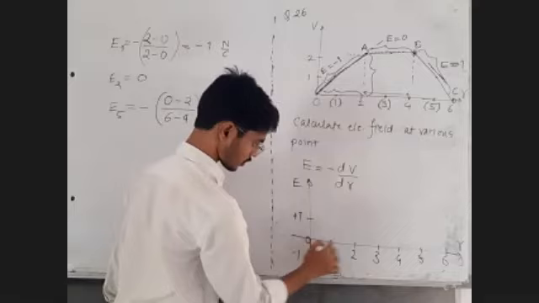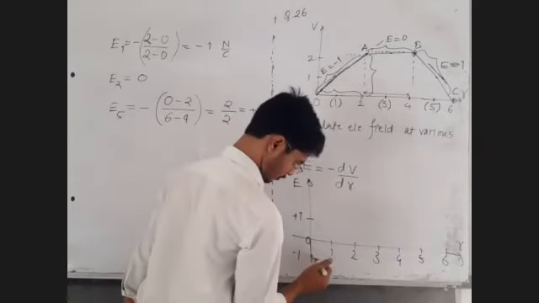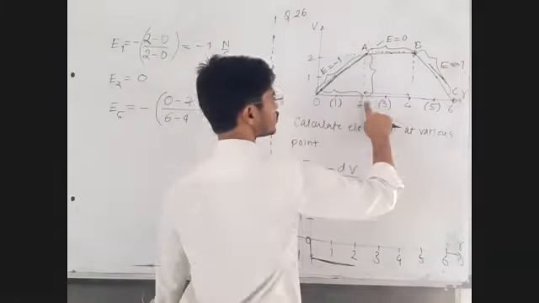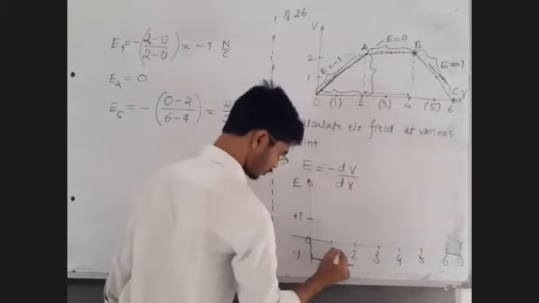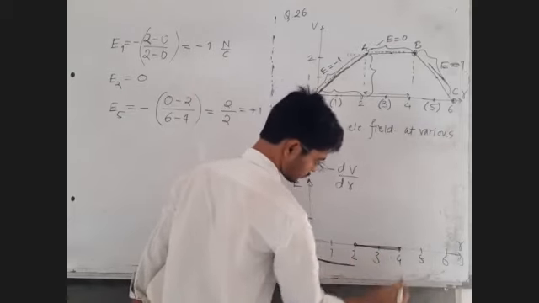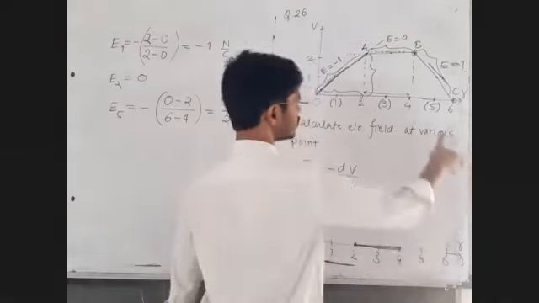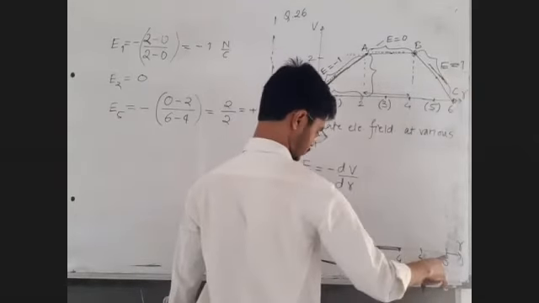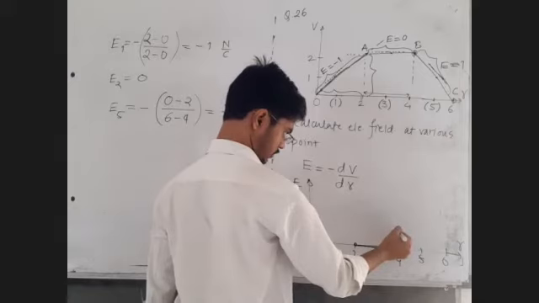For r value 0 to 2, electric field is minus 1. Then for r values 2 to 4, electric field is 0. Then for r values 4 to 6, electric field is plus 1.